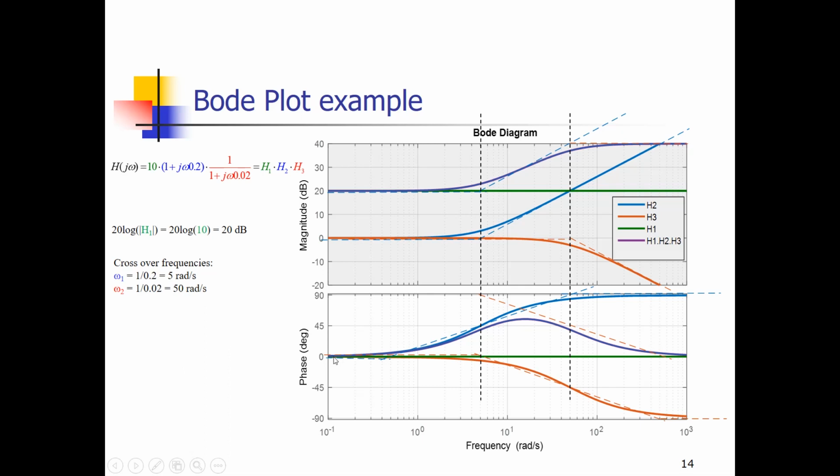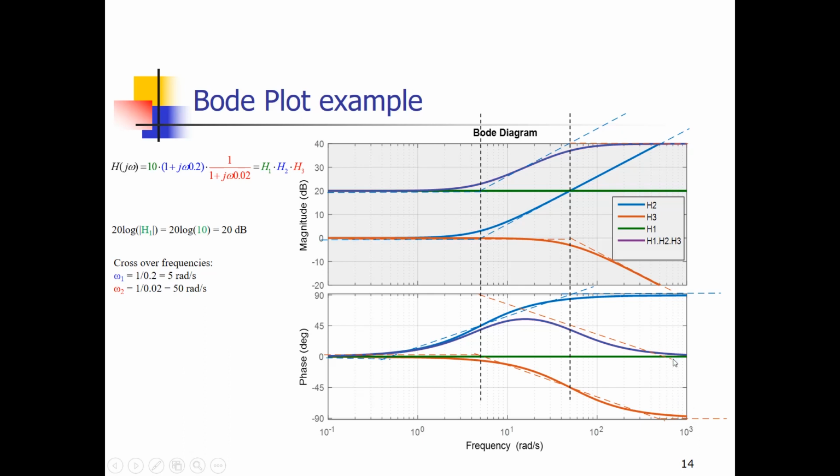What we see is for low frequencies, all contributions of H1, H2, and H3 are 0 degrees. So we start off at 0 degrees. And for high frequency, we see that the green phase is 0. We see that the blue phase is plus 90 degrees, and we see that the red phase is minus 90 degrees. So they compensate each other.